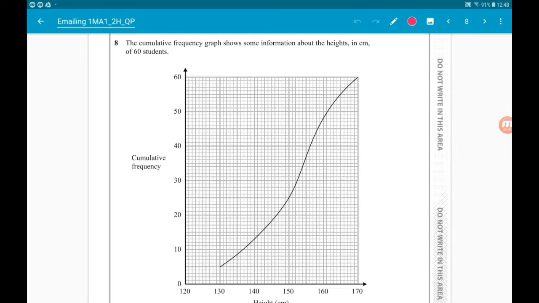Okay, number 8, cumulative frequency. So the cumulative frequency graph shows some information about the heights of 60 students. So we have cumulative frequency up the side and the heights along the bottom.